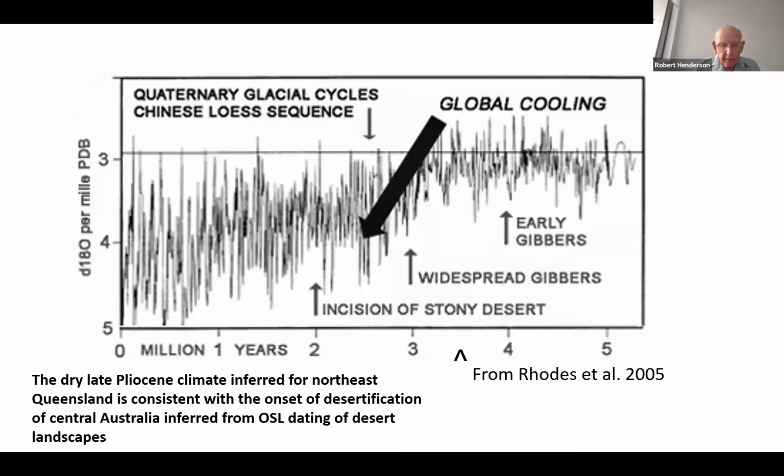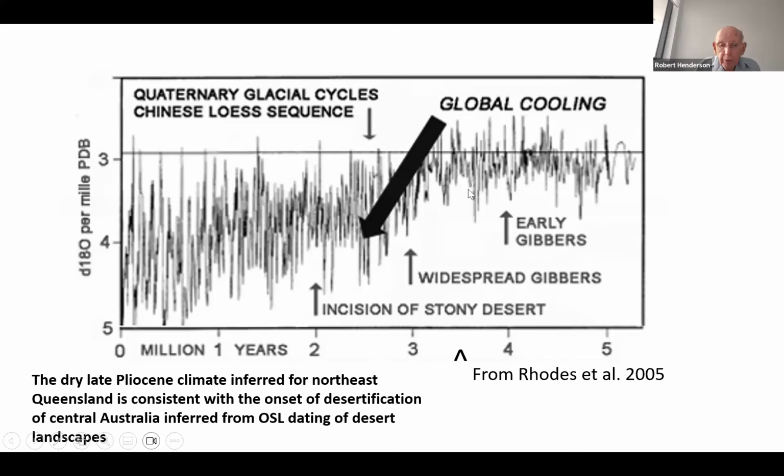They worked out from that data set that here's desiccation with early gibber formation at about 4 million years ago, extending through to widespread gibber formation in the land about 3 million years ago. Here's the age of the Campaspe here.